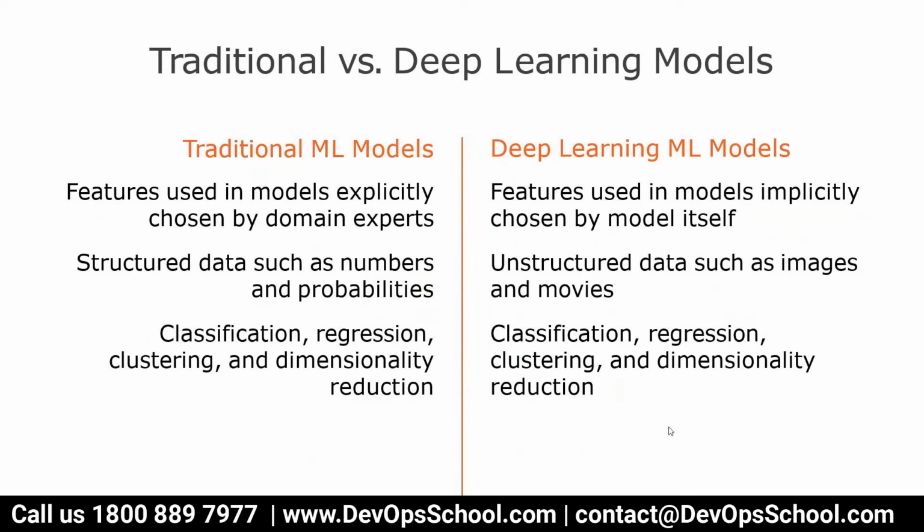Traditional ML models use structured data such as numbers and probabilities, while deep learning models use unstructured data such as images and movies. Traditional ML models handle classification, regression, clustering, and dimensionality reduction. These are the problems you fix in ML, the same ones you fix in deep learning models also. So there is no difference in this case.